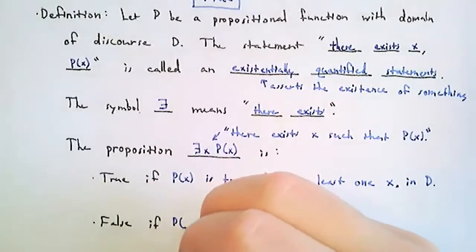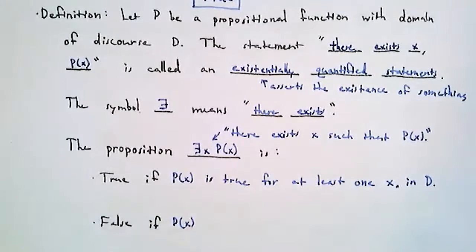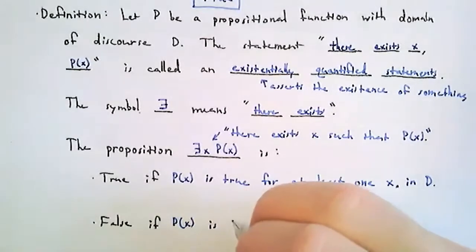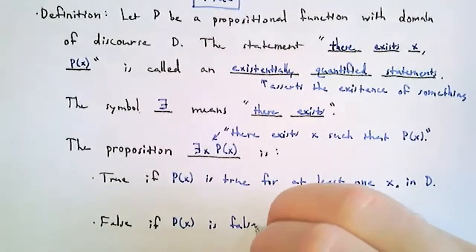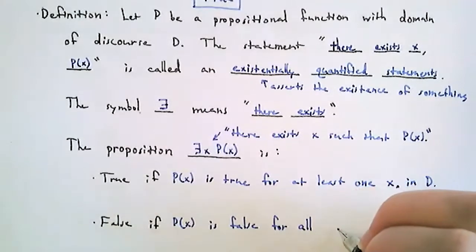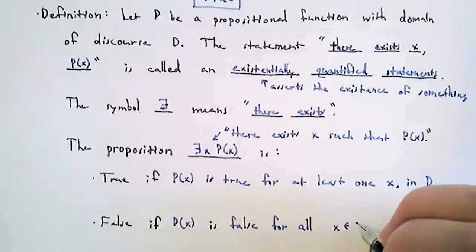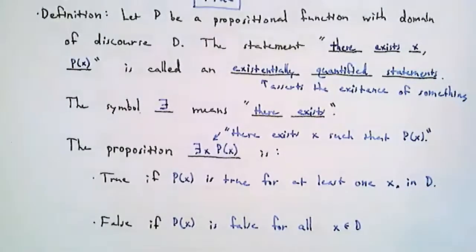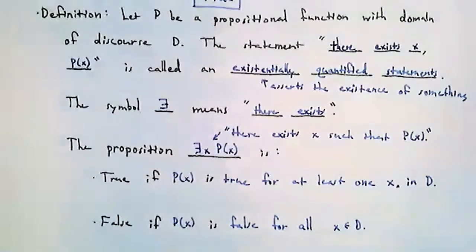So it's false if P of X is false for all X in our domain of discourse. Any questions over the definition?